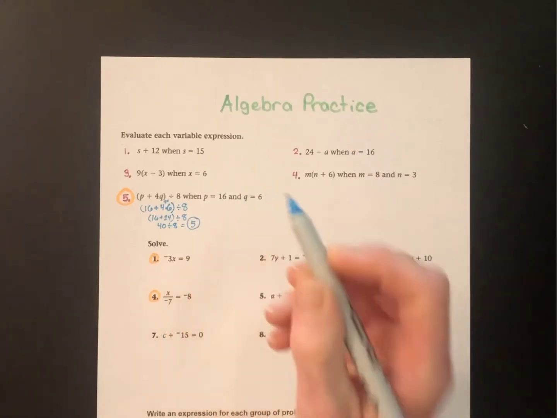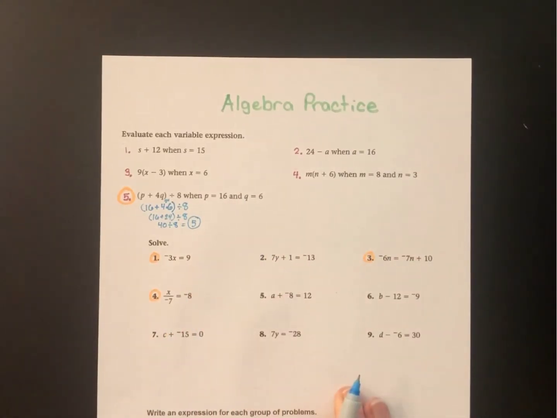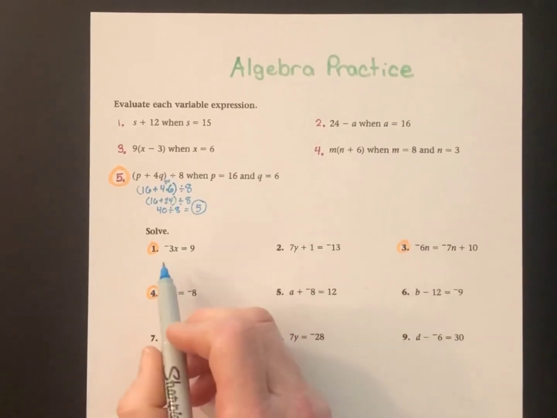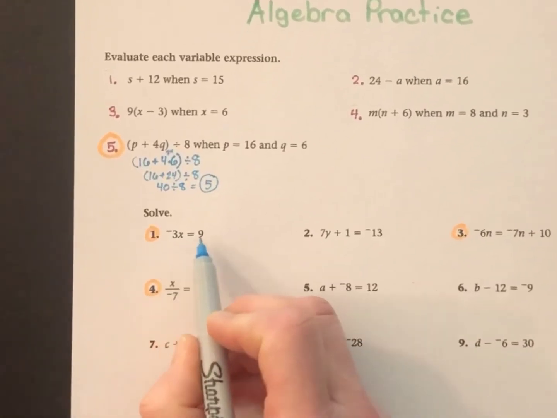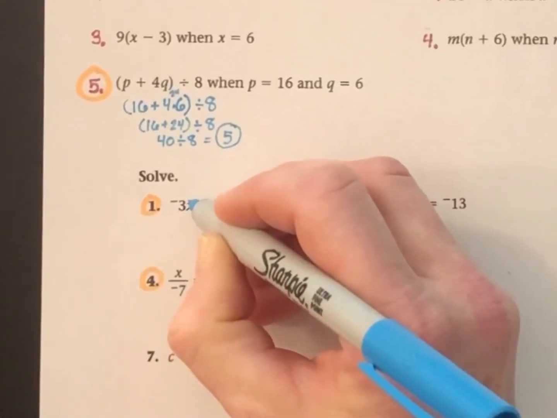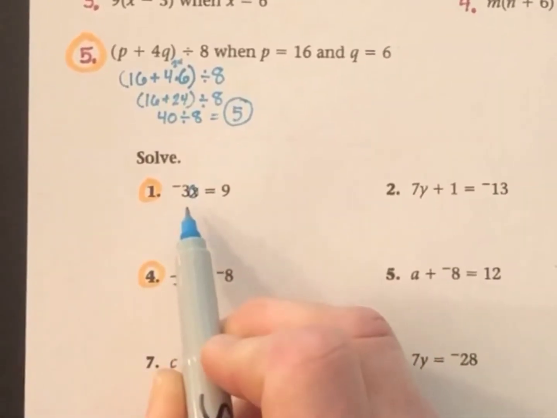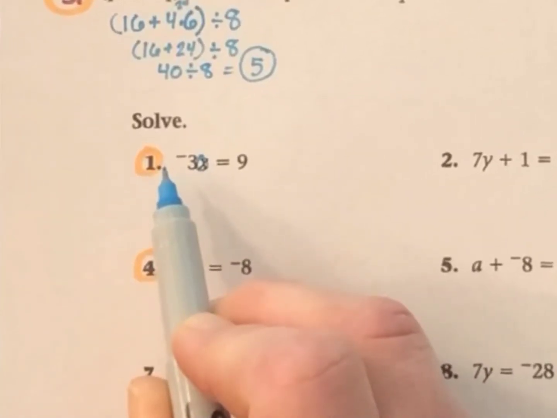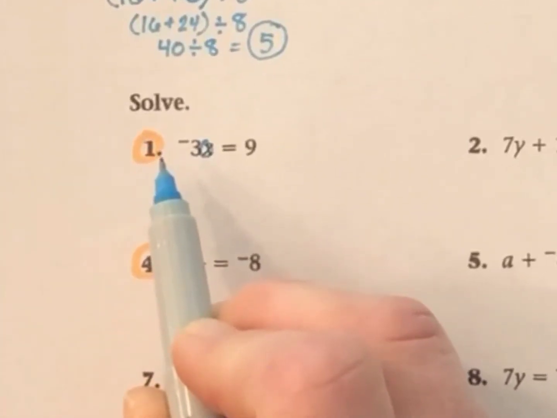There we go. Let's come down to number 1 down here with the equations. I have negative 3x equals 9. Remember, the goal of algebra is to get that x all by itself. Right now, I am multiplying x times negative 3. The inverse of multiplication is division.